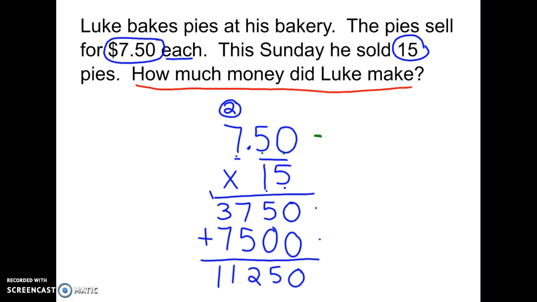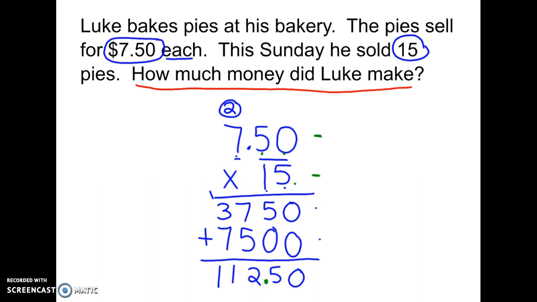And then the second factor here, 15, didn't have any numbers after the decimal point, so I was just multiplying with whole numbers for that second factor. So altogether I had 2 decimal places being multiplied with. That means my product should also have 2 digits after the decimal point. So I've got 1, 2, and I'm going to put my decimal point right here.